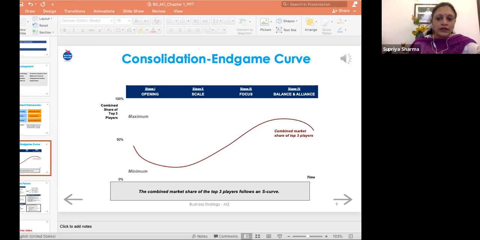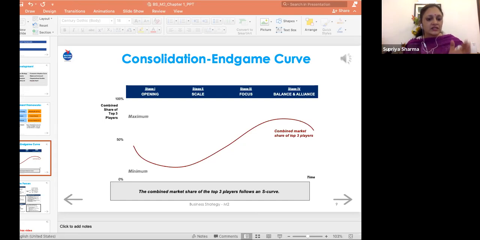So all the industries that we have seen, they have all gone through these 4 curves. And at each point, whatever stage they are in, if they are in the opening stage, if revenue is their focus, if they have to gain mass market share, their strategy would be built accordingly.